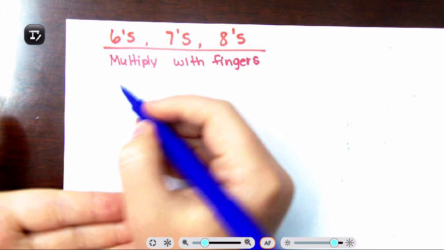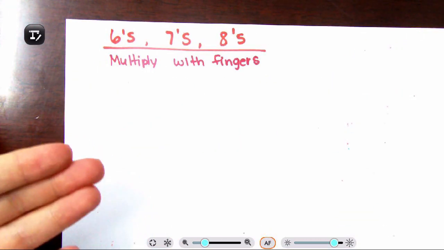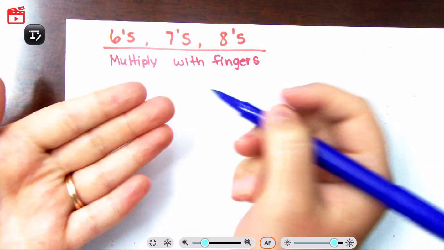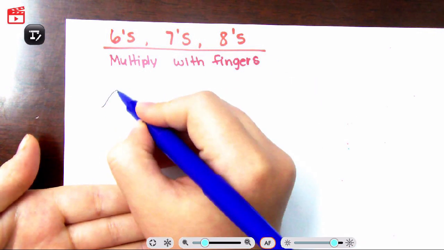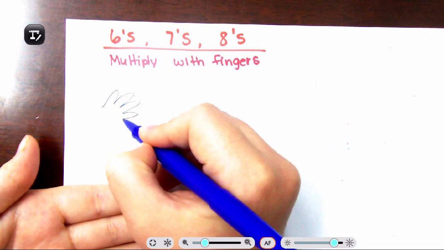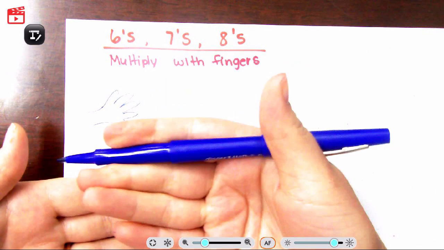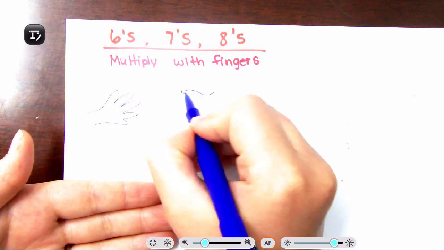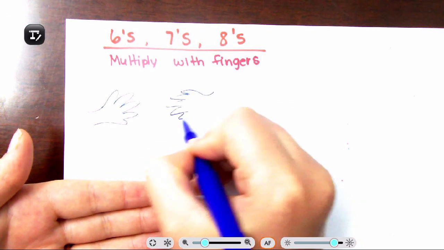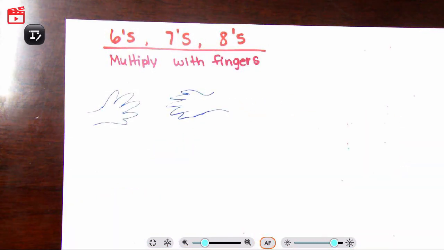So I'm going to draw a hand. I apologize in advance how this is going to look. Okay, so that's one, and this is going to be your other one. As long as I have 5 fingers on each, I'm happy.